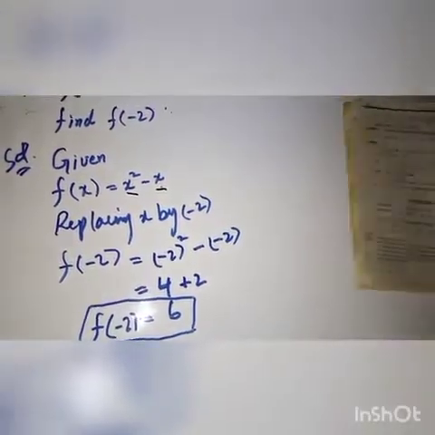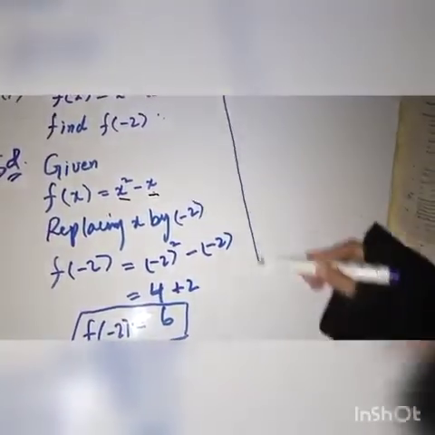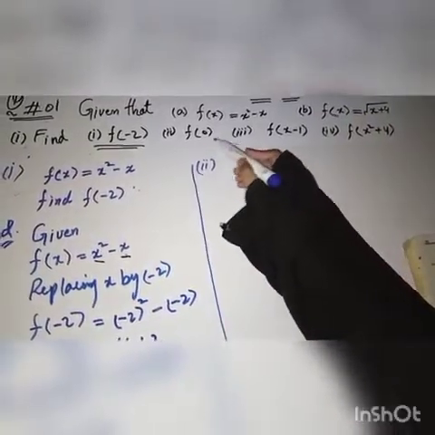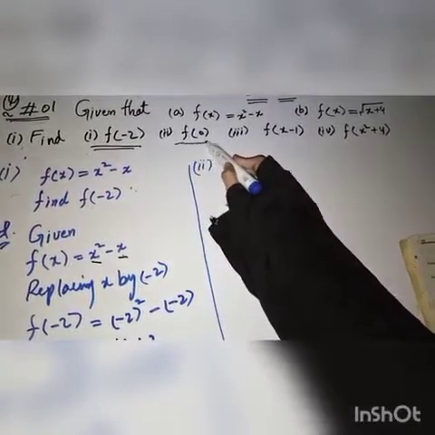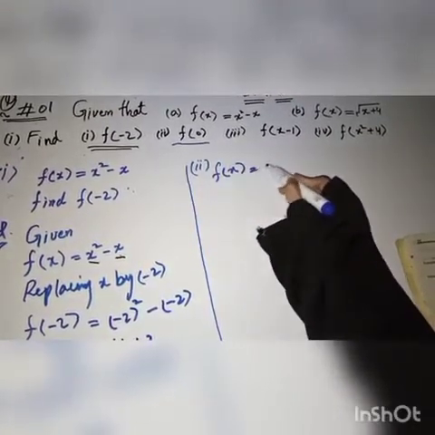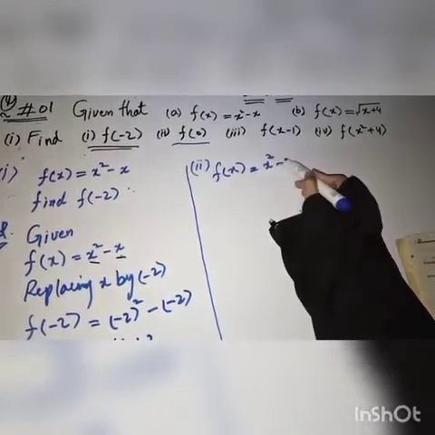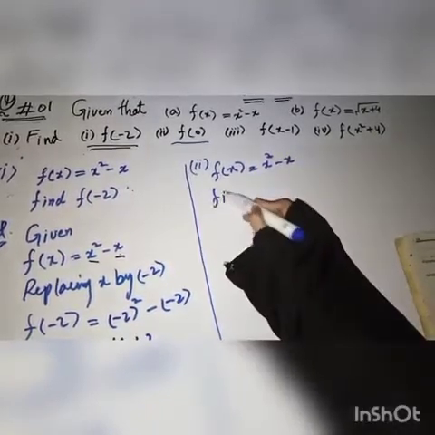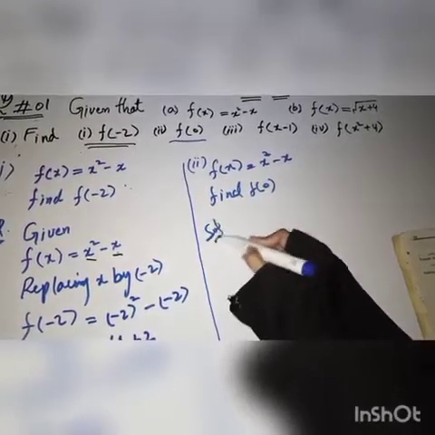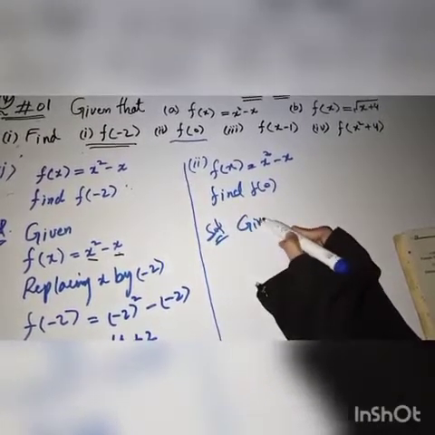Second part. Now calculate f of 0. F of x is given, that is x square minus x. We have to find f of 0. Solution.